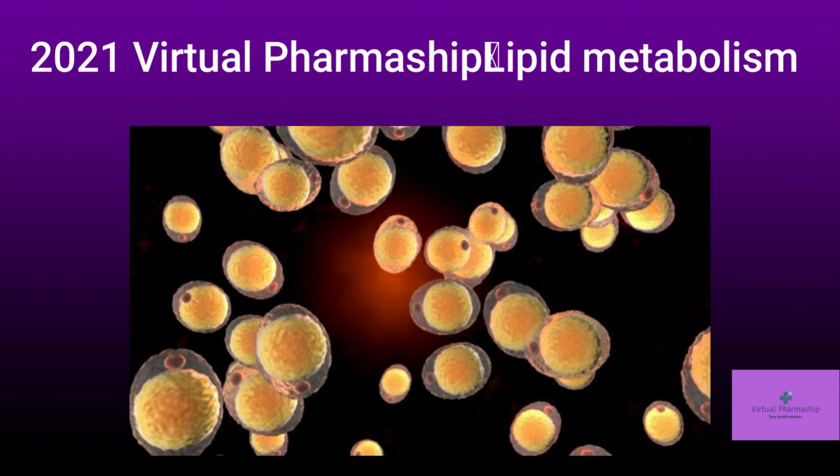HDL circulates through the bloodstream and incorporates more cholesterol and phospholipids from the cells and other lipoproteins, which is good for our health, and that's why we call them the good cholesterol. The cholesterol esters in HDL are transferred to lipoproteins by an enzyme called CETP, cholesterol ester transfer protein, or they are delivered directly by the HDL to the hepatocytes.